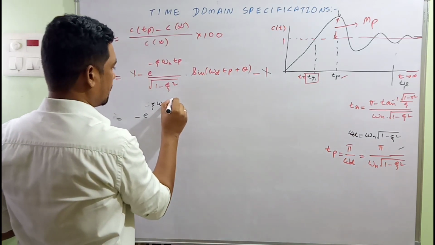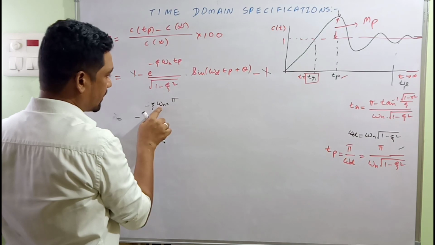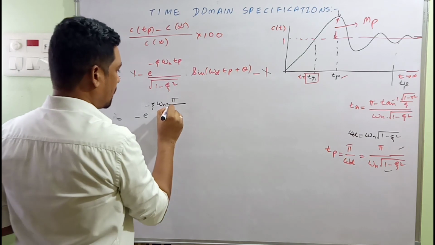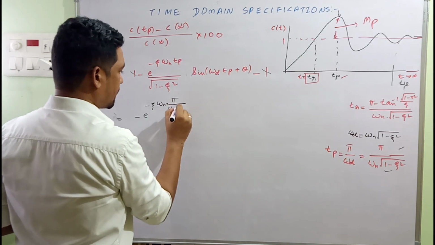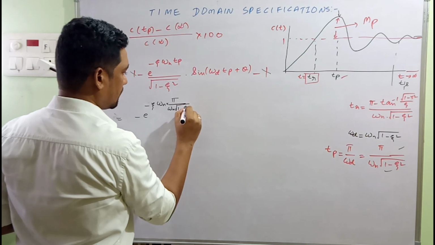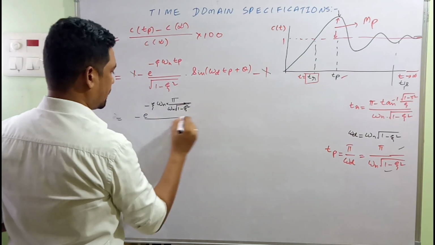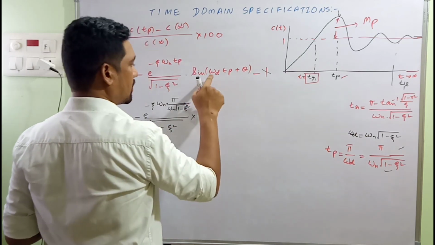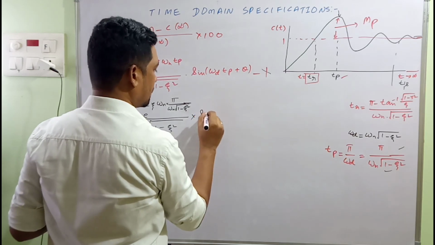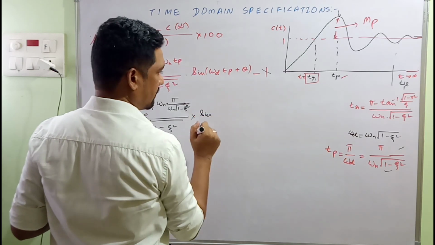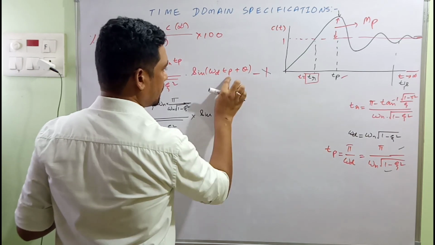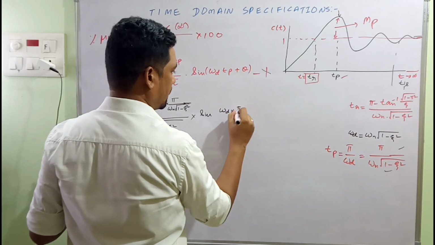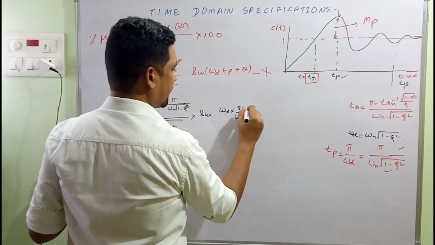It's pi by omega n into under root 1 minus zeta square, upon under root 1 minus zeta square as it is, no change in that. Talking about this one, it's a sine. Now omega d Tp could be plugged in with pi by omega d plus theta.